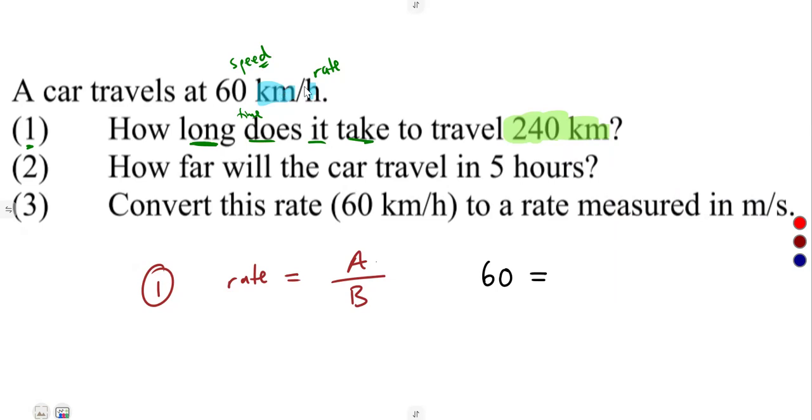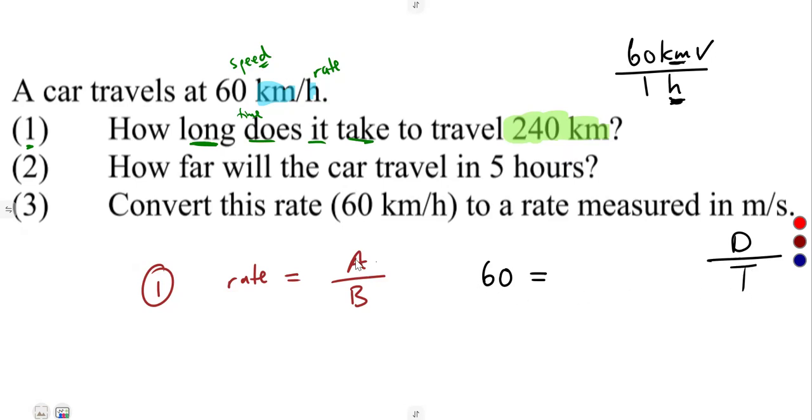When you say 60 kilometers per hour, it means over 1 hour. So quantity A is kilometers, distance. Quantity B represents the time. So 60 is equivalent to distance over time.